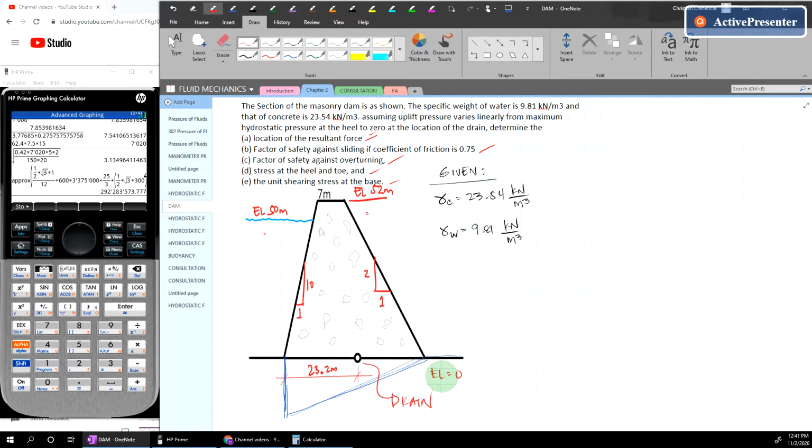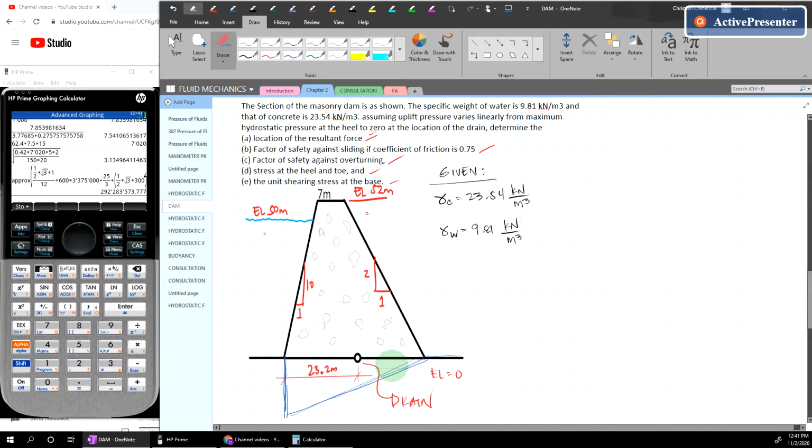Kaya sabi doon, varies linearly from maximum at the heel and 0 doon sa drain. So, yung ating uplift pressure is eto lang. Then, meron tong uplift force.